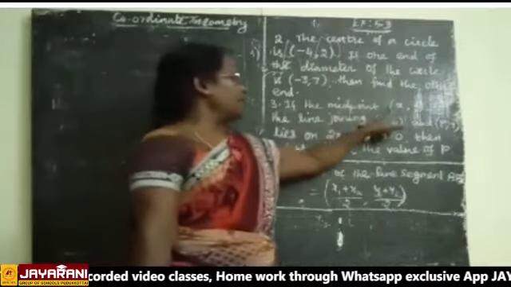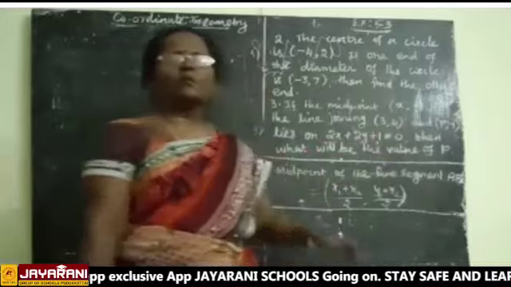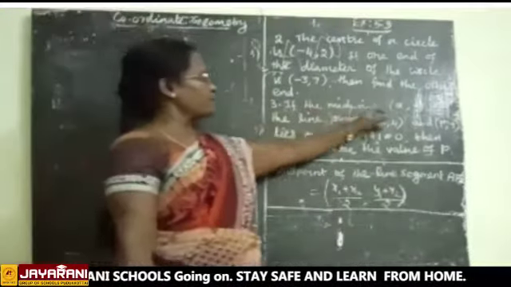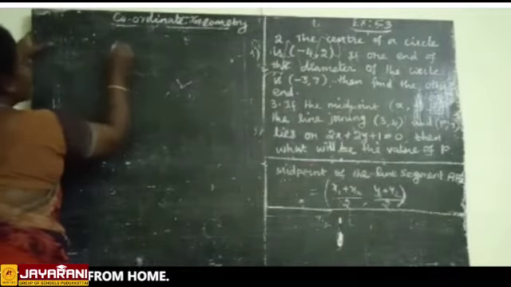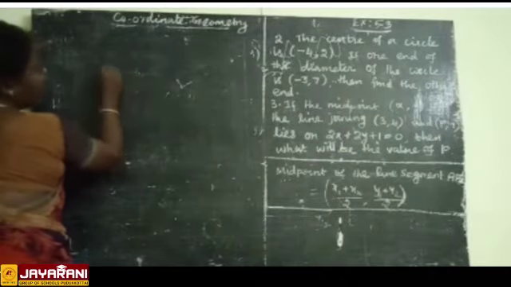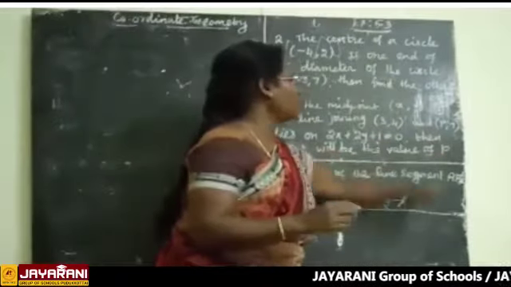If the midpoint (x, y) of the line joining two points is given. The line joins the points (3, 4) and (p, 7).